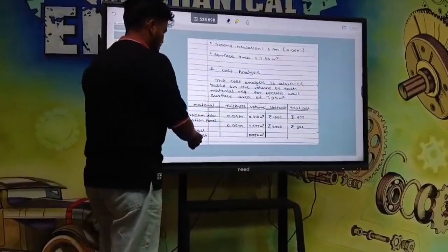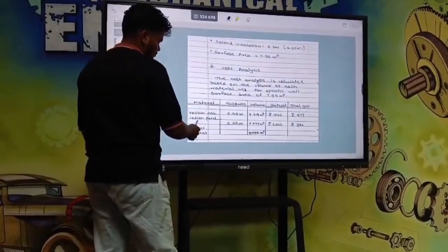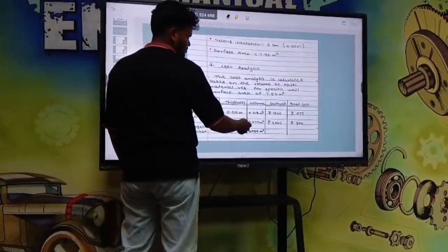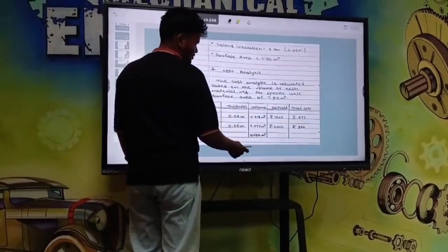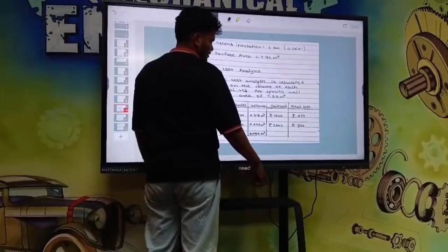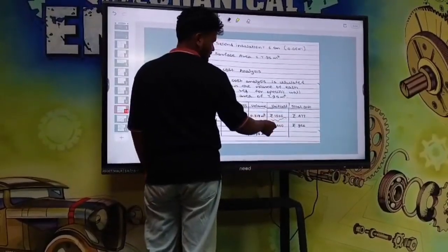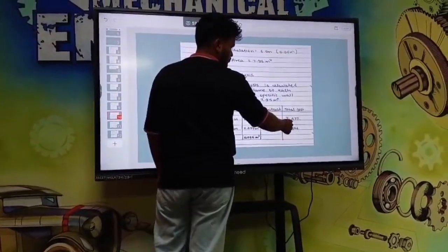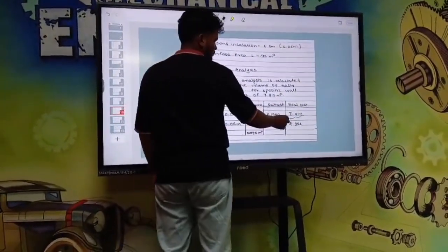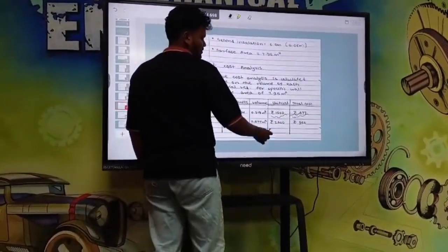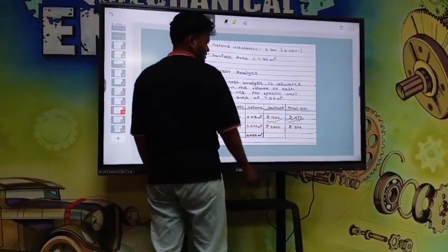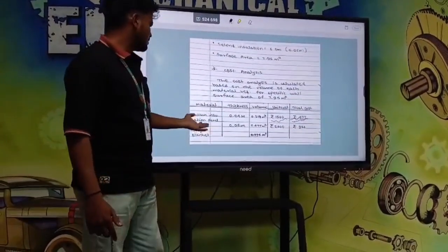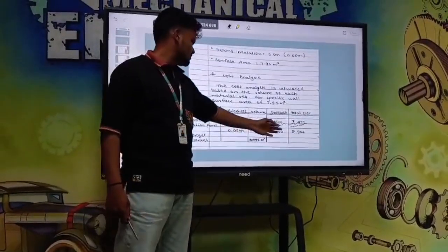First is the vacuum insulation panel with a volume of 0.38 meter cube, and the unit cost is given as 1500. The cost for the required volume is listed here, that is 477 rupees. Next is aerogel, likewise the same for the others.